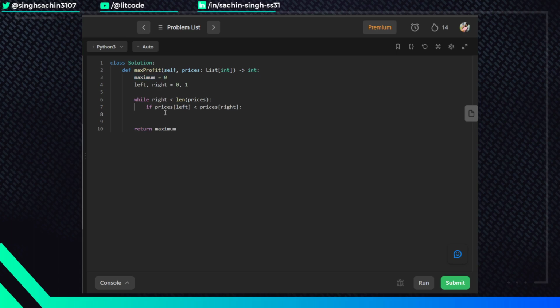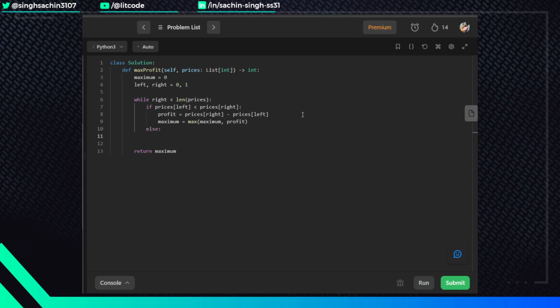So profit at this step will be simply prices of right minus prices of left. Okay. We will simply update the maximum using the max operation, maximum comma profit. Whichever is greater, I'll update the maximum value with it.